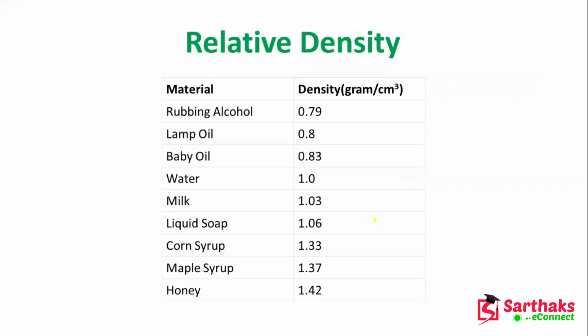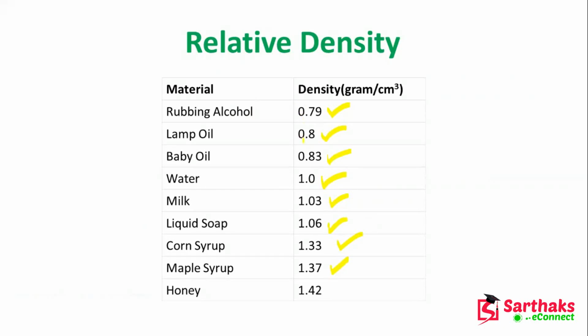Now a list of relative densities has been given here. Rubbing alcohol 0.79, lamp oil 0.8, baby oil 0.83, water 1, milk 1.03, liquid soap 1.06, corn syrup 1.33, maple syrup 1.37.